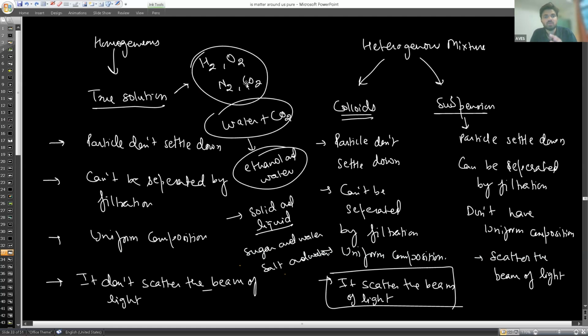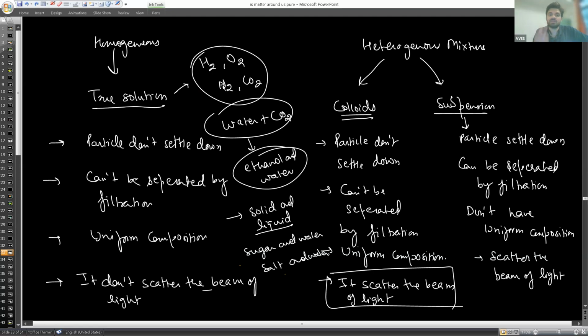Pure air, fresh air, without dust particles, if we have only gases, not smoke, pure hydrogen gas, oxygen gas, nitrogen gas, carbon dioxide, then it is a true solution. But if we add dust, then dust can scatter the beam of light, so it becomes heterogeneous, it becomes a colloid.